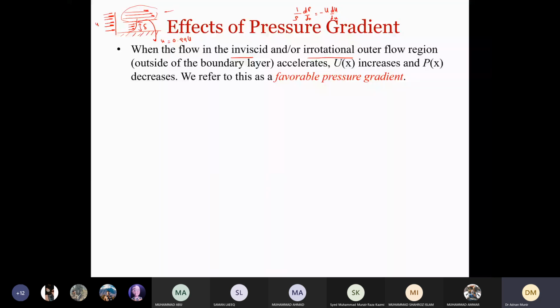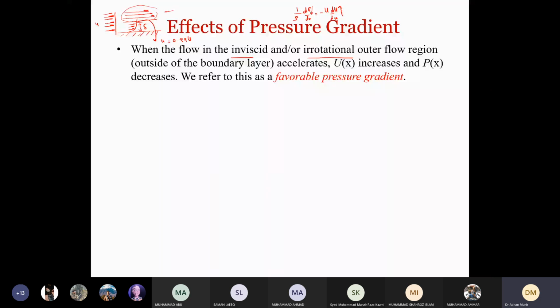So if velocity increases, pressure will decrease. This is called favorable pressure gradient, because we have high inertial flow. If we have high velocity, we say that the inertial force is dominant as compared to viscous force.